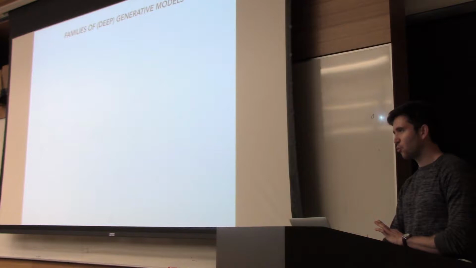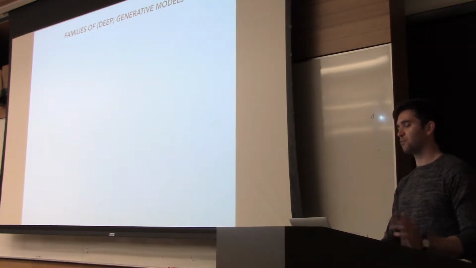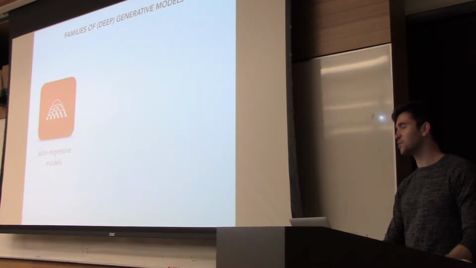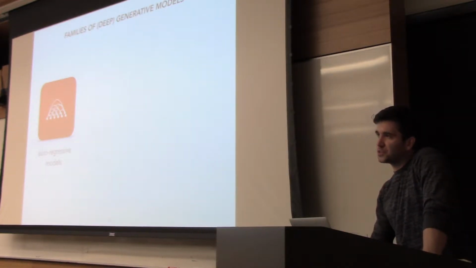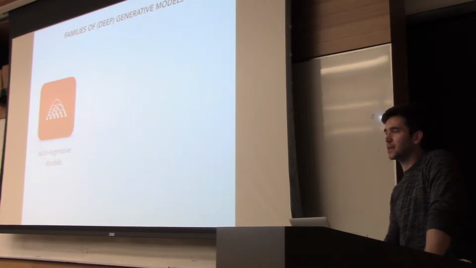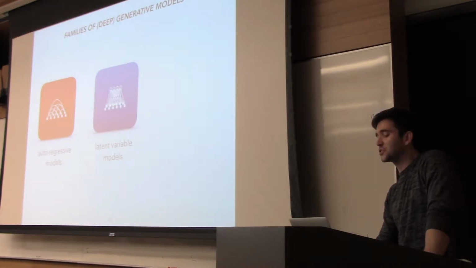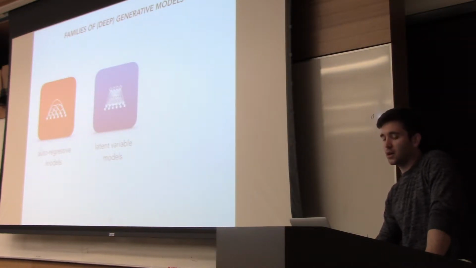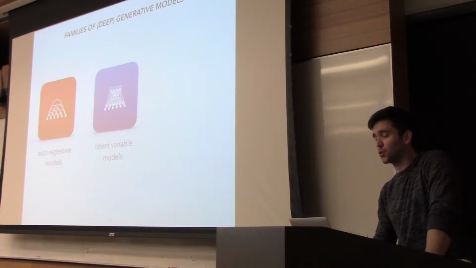And there's roughly 3 families, I would say, of these deep generative models. The first that we'll talk about are these so-called autoregressive models, where you use previous estimates to estimate later estimates of data dimensions. And then the next component is going to be these latent variable models, which really are using explicit probability distributions to model the data using latent variables.